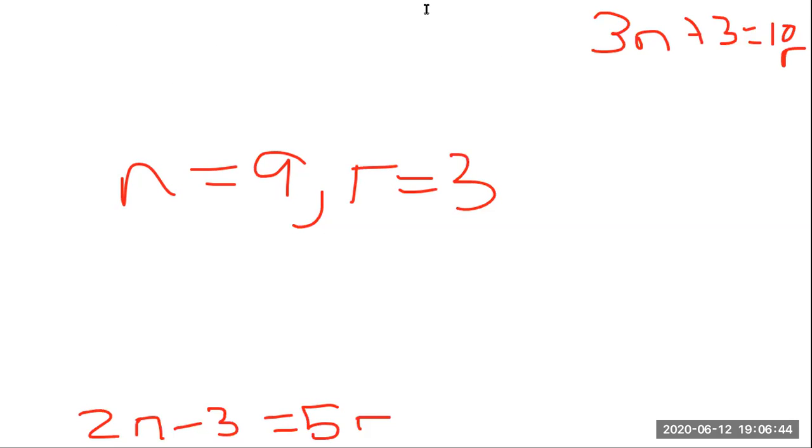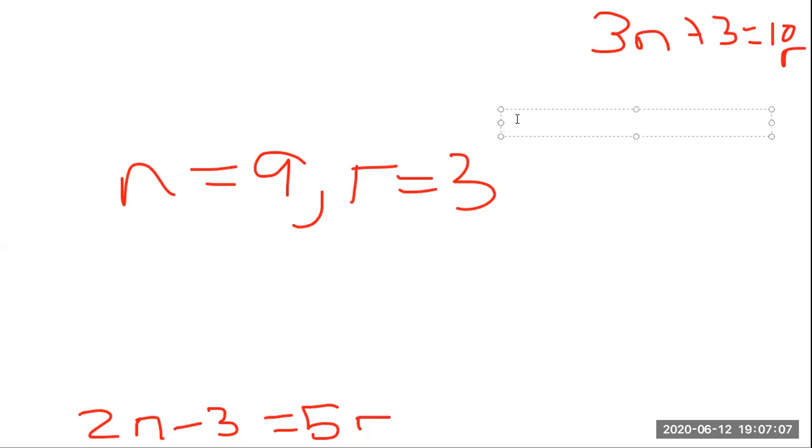Wait, did I overdo this? How did you do it? So basically I did the simultaneous equation thing, which gives you the ratio n equals 3r.